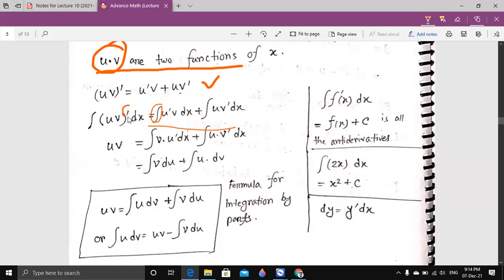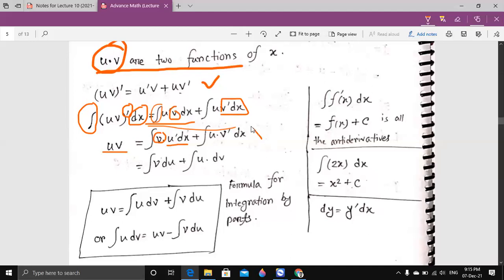These two parts are together an integration. If we cancel this, we get uv. And here we have the integral of u derivative v dx, so we keep v here, and we take this u derivative dx closer. And this v derivative dx is also closer.